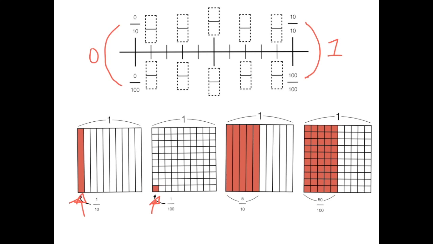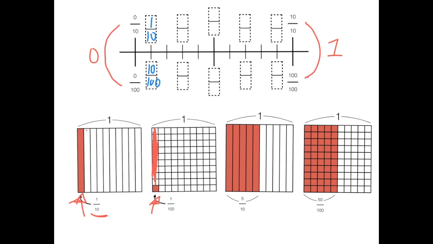What we'll notice from these pictures is that it would take 10 hundredths to shade in the same portion of the whole as 1 tenth. So we can look at our number line then and be comfortable in saying that 1 tenth will be equivalent to 10 hundredths.